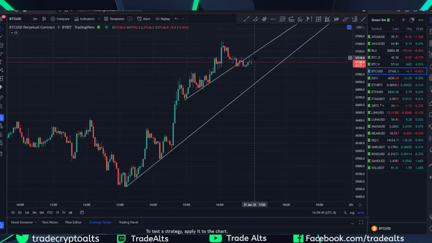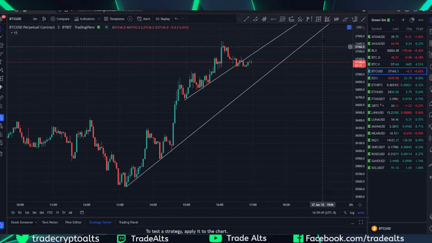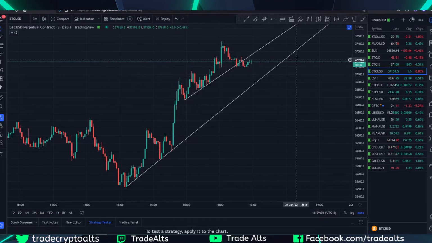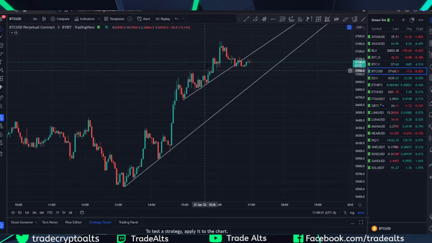So this is one of the points where you have this trend line, which is probably the more important trend line that I would be watching overall. But you have this minor trend line here where you're finding support locally after this really big impulsive move to the upside.